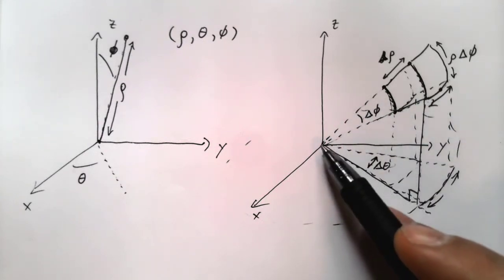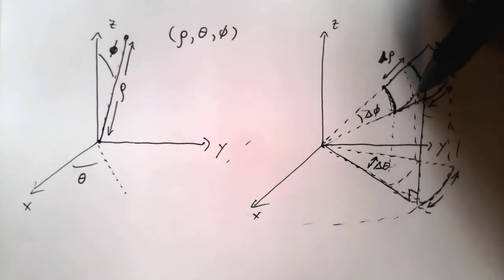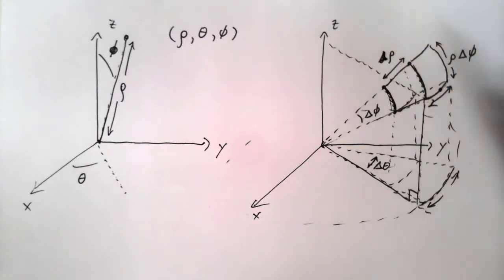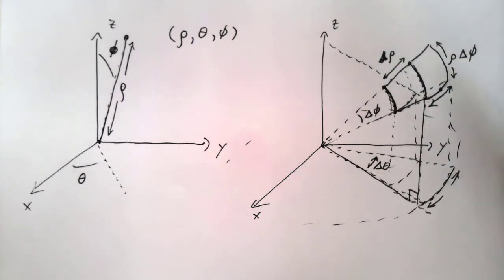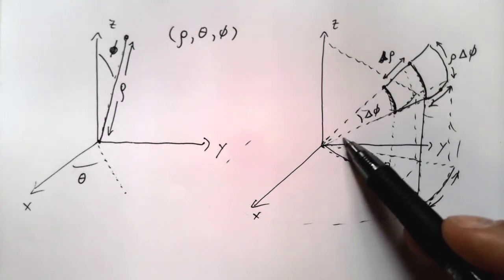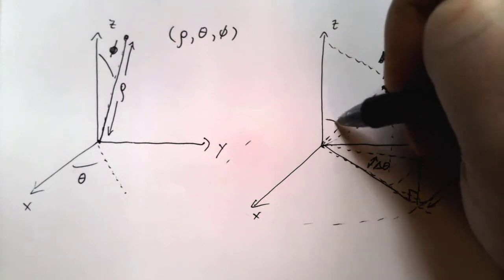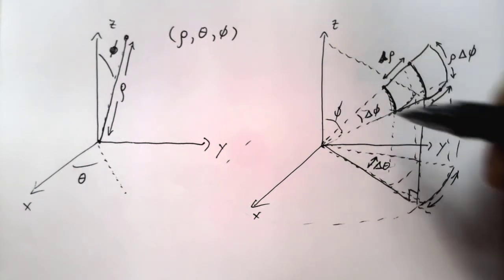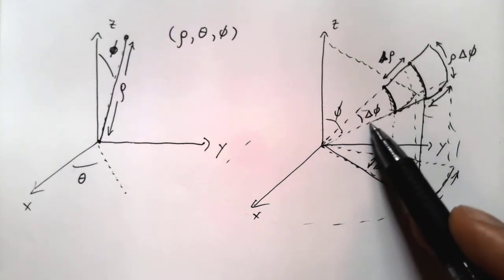And so if I want to find the length of this side, well, let me draw another parallel line up here. That's the same thing as the length of this, right? And that is given by our angle phi, how far we've dropped down away from the z-axis. So this angle here is going to be our phi, and the hypotenuse is the rho.